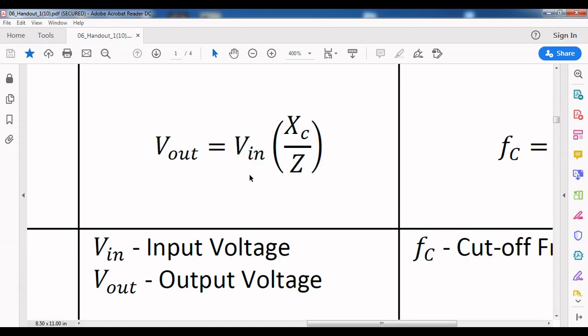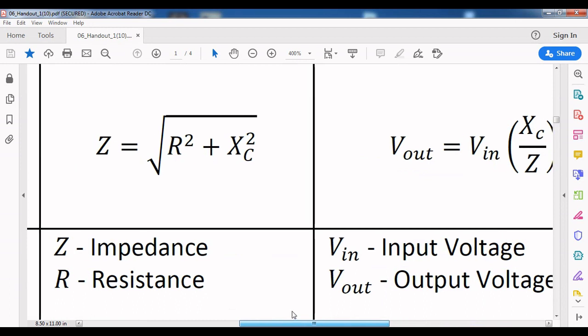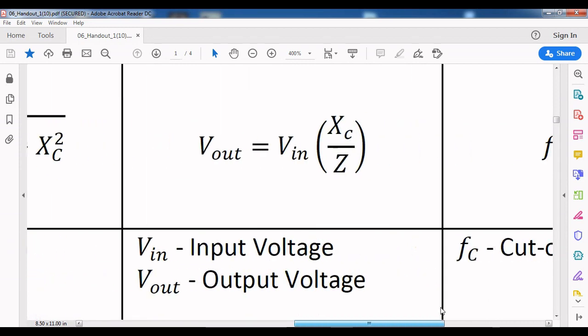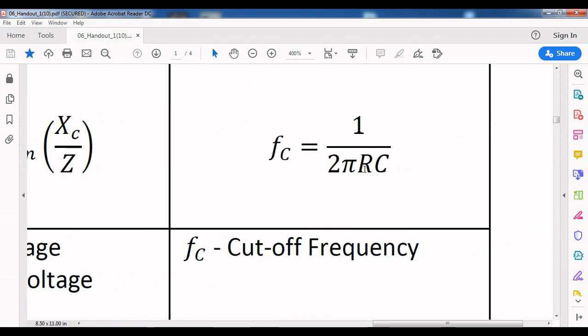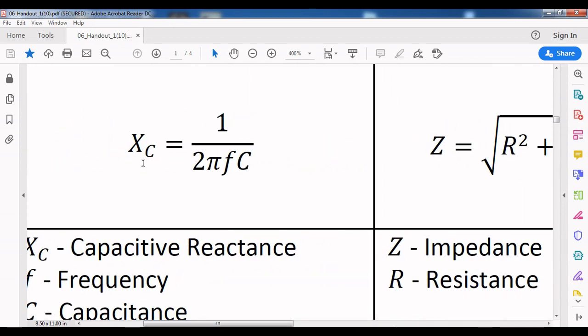In this case, that would be 10 volts. So we need to be able to determine X sub C. X sub C is 1 over 2 pi FC, almost similar to this one, but R and FC were interchanged. Okay? So what we're looking is the capacitive reactance.